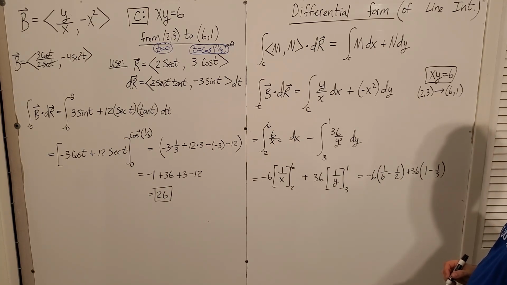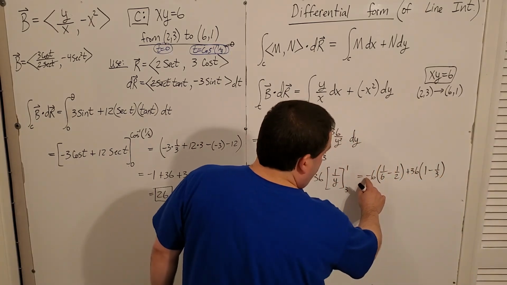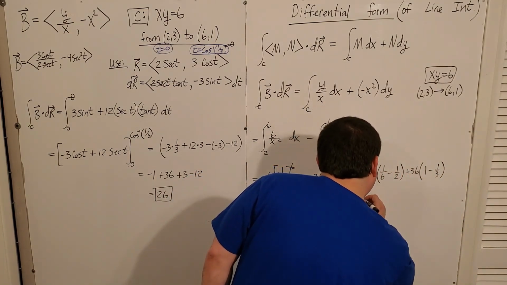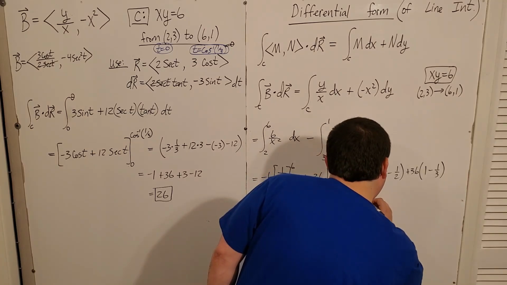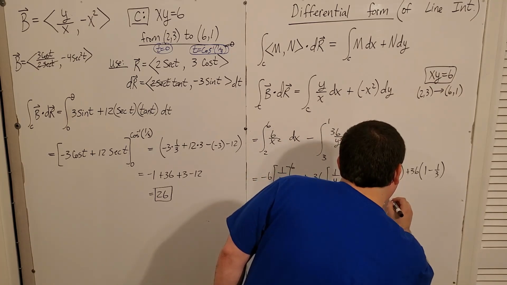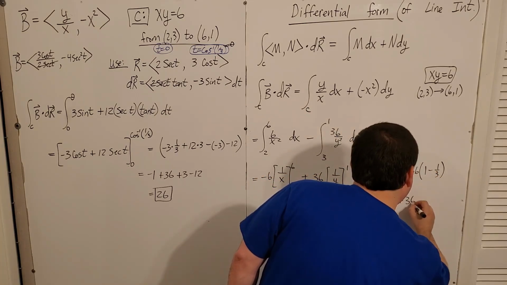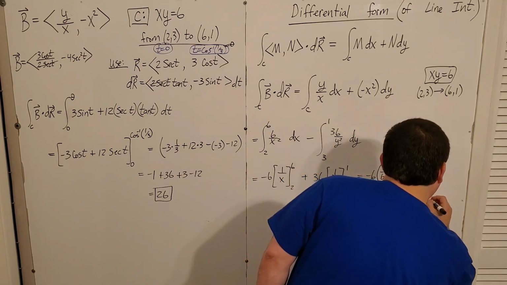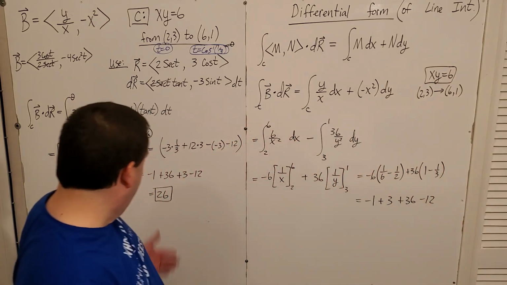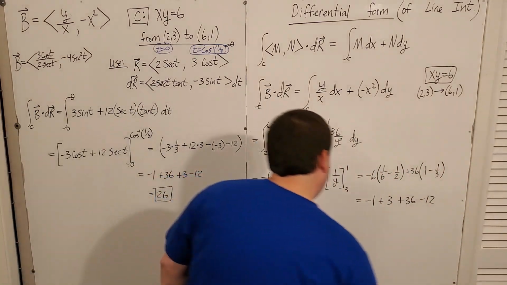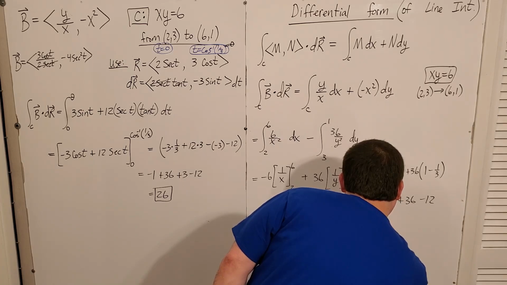Okay? Well, if I distribute this 6, that'll make that a lot easier. That's just going to be negative 1 plus 3, and then 36 minus 12. Those numbers look familiar, don't they? It equals 26.